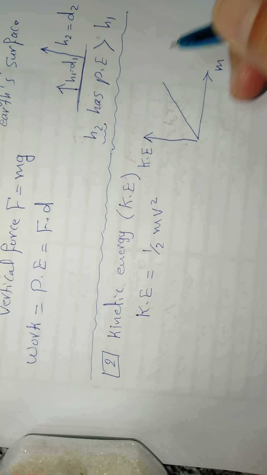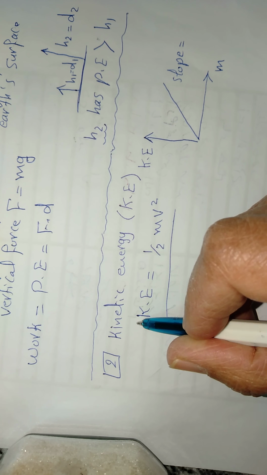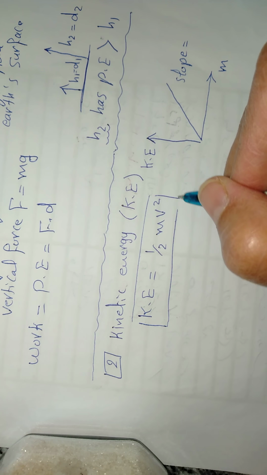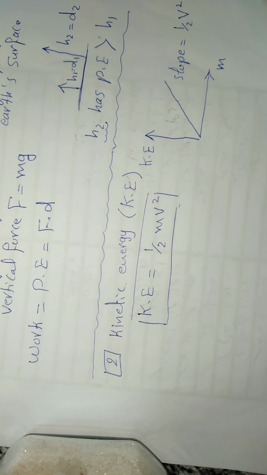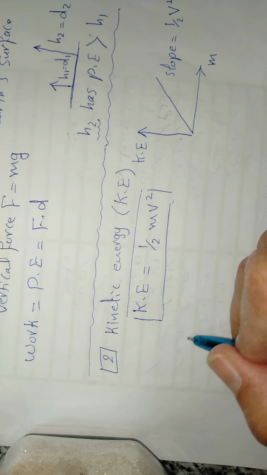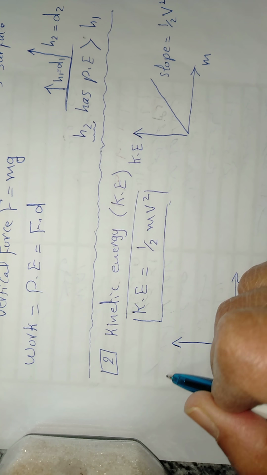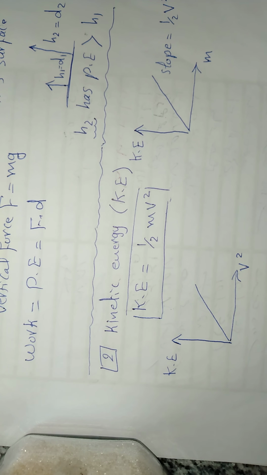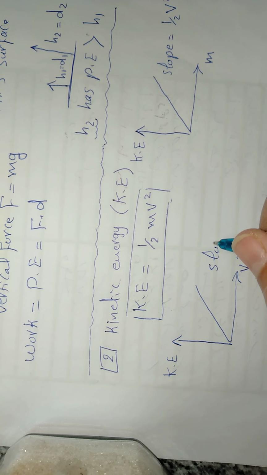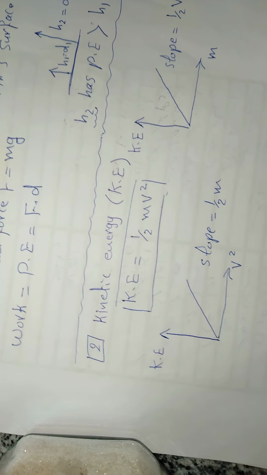The slope of this graph equals half v squared. Then for another graph between kinetic energy and the square of the velocity, the slope is half m.